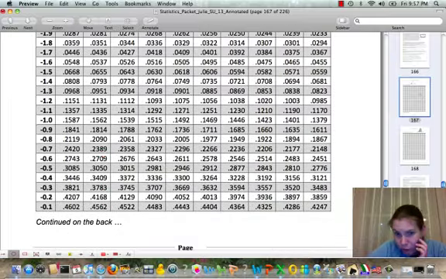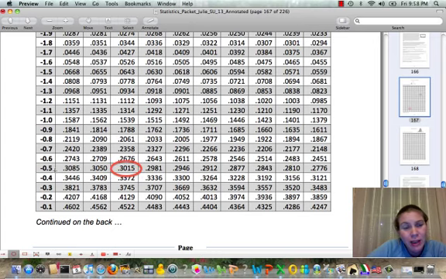Here's 0.3015, and here's 0.2981. So the z-score is going to be somewhere in here, and actually 0.3015 is closer to 0.30, even though it's a little bit above, than 0.2981. So this will be our closest z-score to 30% or a proportion of 0.30.